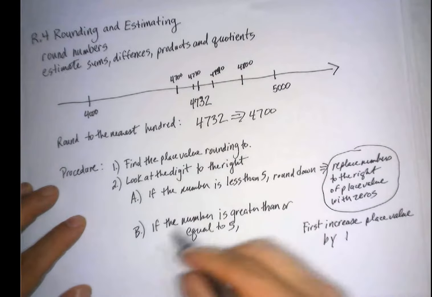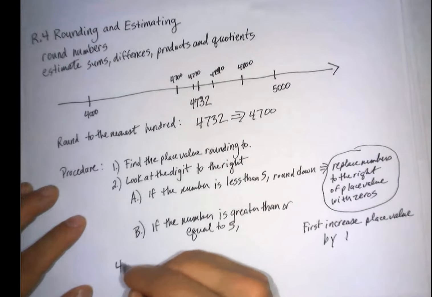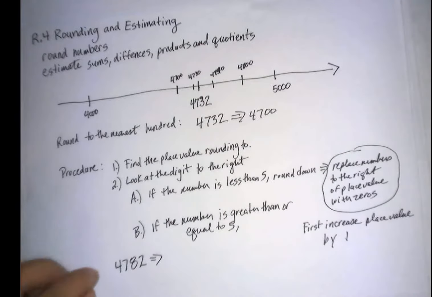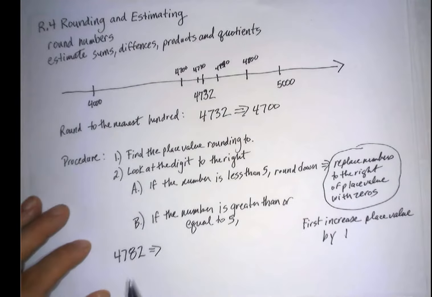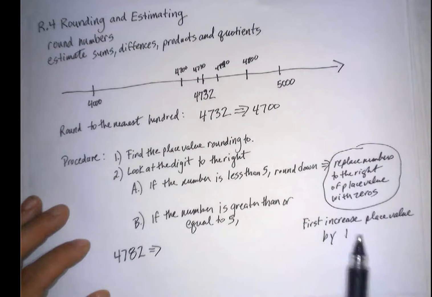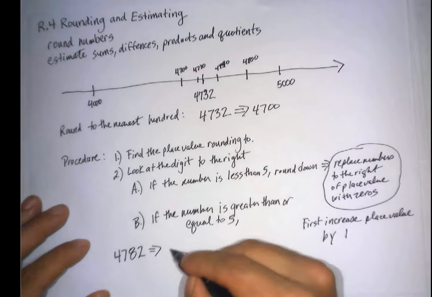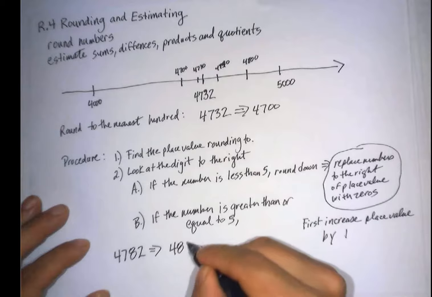For example, we'll use the same number, except we'll do 4,782. We're going to round to the nearest 100. So you can see we start here. We look at the place value to the right, and we got an 8. 8 is 5 or more, so we round up. So these become zeros, but we increase this place value. So 47 becomes 4,800.